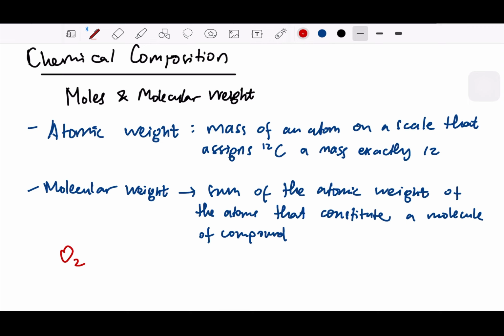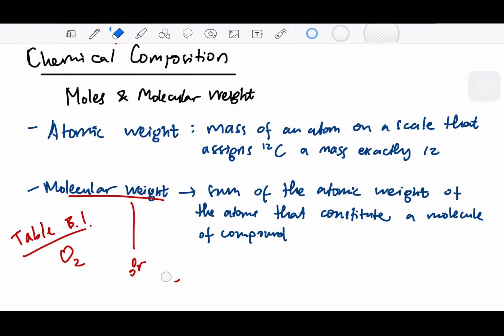And of course, we can find this in table B1. Yeah. Some of the chemicals that frequently appear in the textbook. And of course, the unit of molecular weight is gram over mole. Okay. Oh, gram per gram mole, sorry.